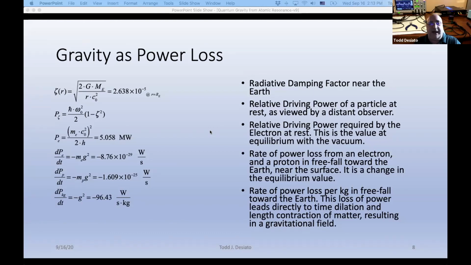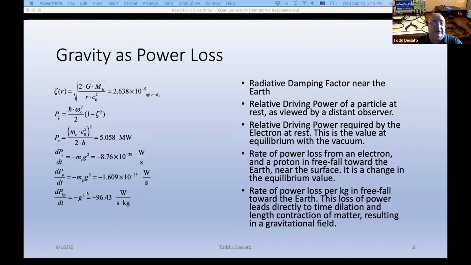As it loses power, it's losing about 8.8 times 10 to the minus 29 watts per second out of that 5 megawatts. So that's for each electron in matter, that's how much power it's losing. For a proton, it's a higher mass, but we end up with a slower value, 10 to the minus 25 watts per second.